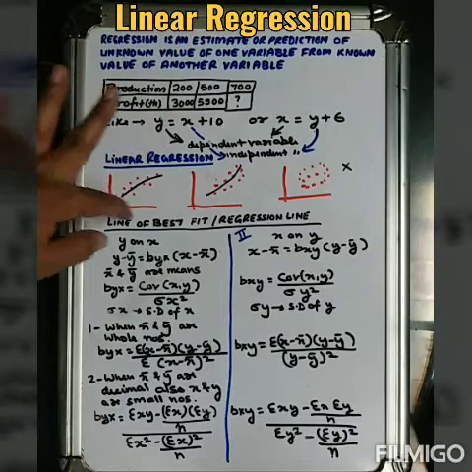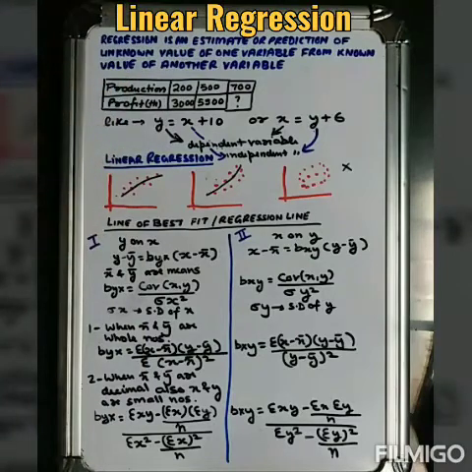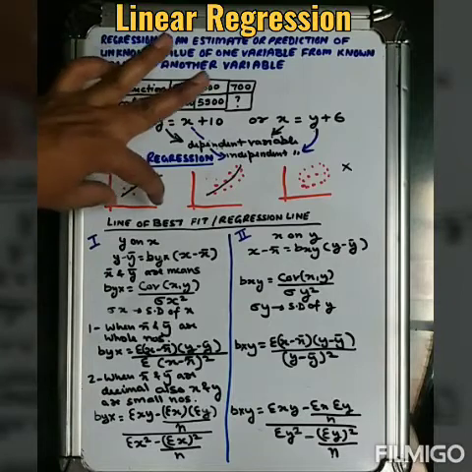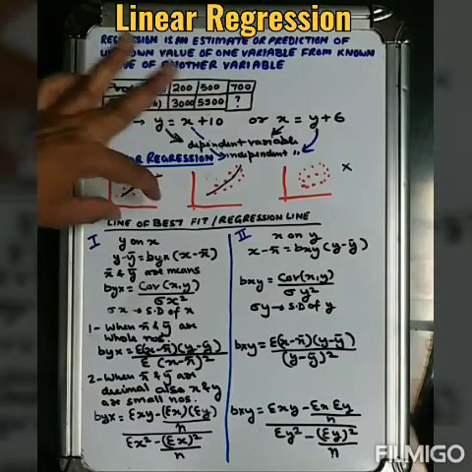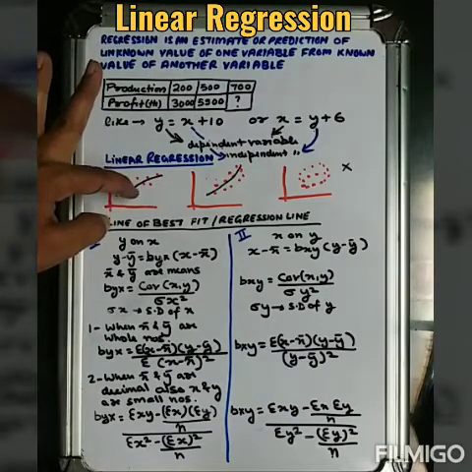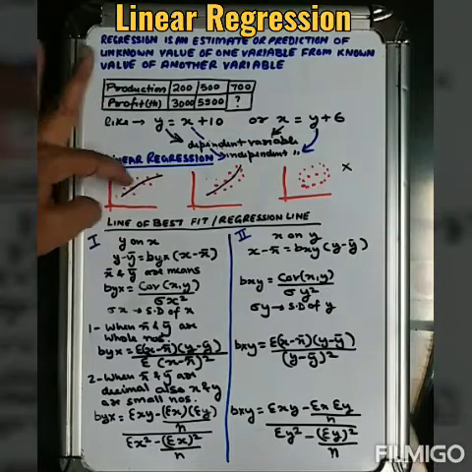Now when we plot these lines, suppose any cricket match is going on, and in certain overs this much runs, in this over this much runs are scored. In the second match, the cricketer in 10 overs scored this much runs.